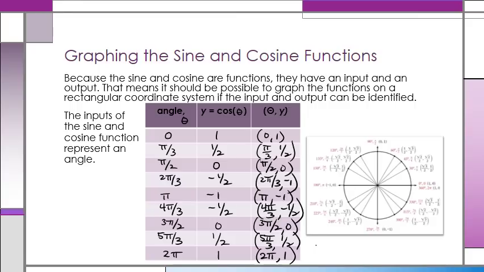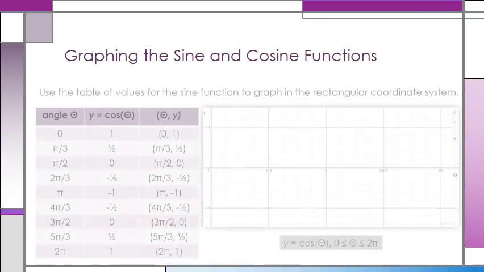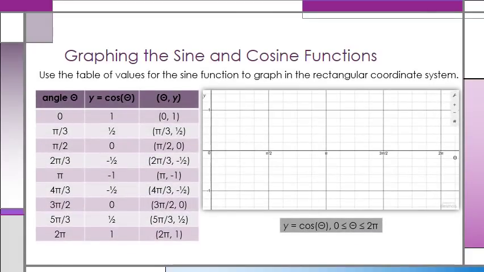All right, so let's take those points and plot them on the xy axis. There are our points, and again I will plot the ones that I have a tick mark for on that theta axis. So 0, 1 is right here, 1 unit above the x-axis on the y-axis.